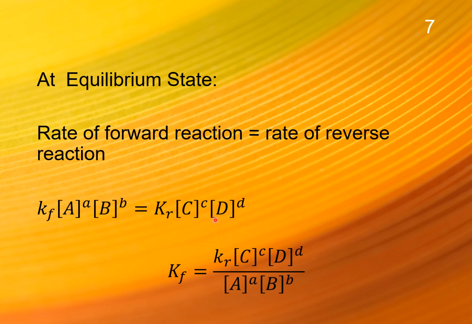We get Kf equals Kr multiplied by the concentrations of C and D divided by the product of the concentrations of A and B.